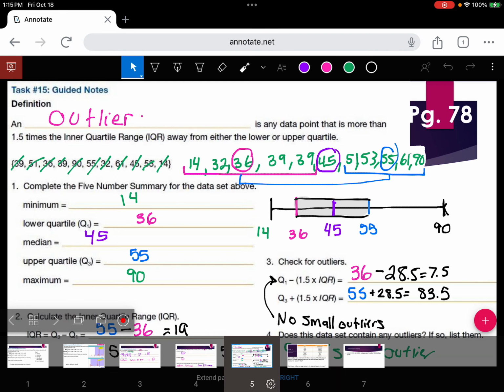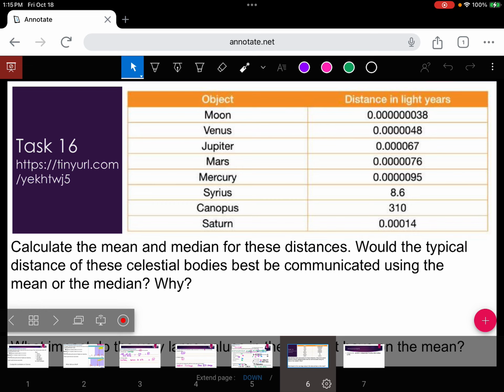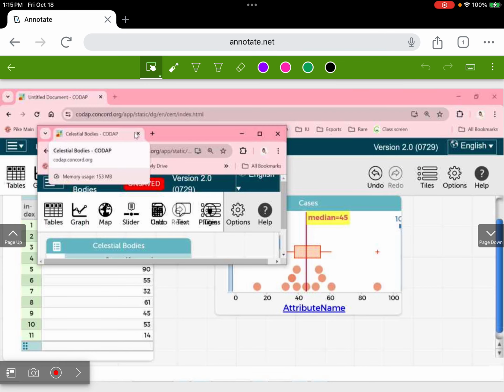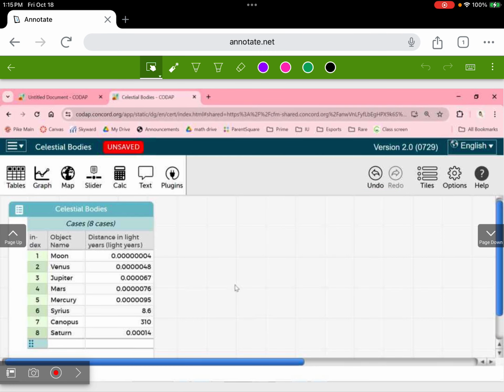Looking at this data set would be obnoxious to do by hand. There's way too many zeros. So I'm going to use CodeApp, and I actually have this data set already set in here. I actually have it in the Canvas page if you want to do it too, but you don't have to. We're mostly going to talk about it.